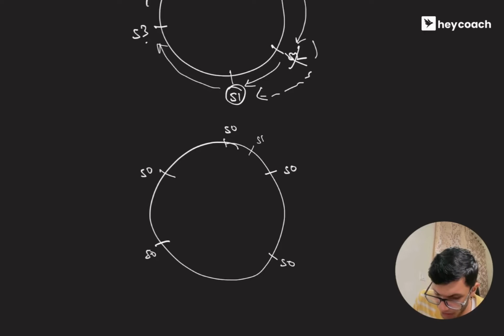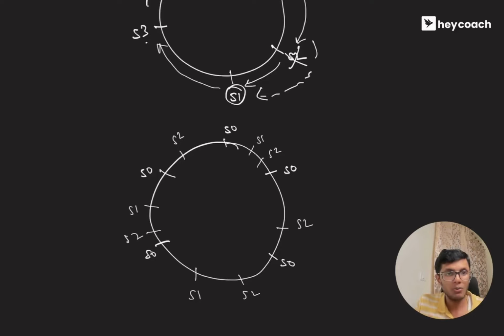S1 I can give here, here, here. Okay, S2 can come here, here. So now for a given server, I have given multiple points, and now there are very small ranges. So S1 will be taking this range plus this range plus this range.